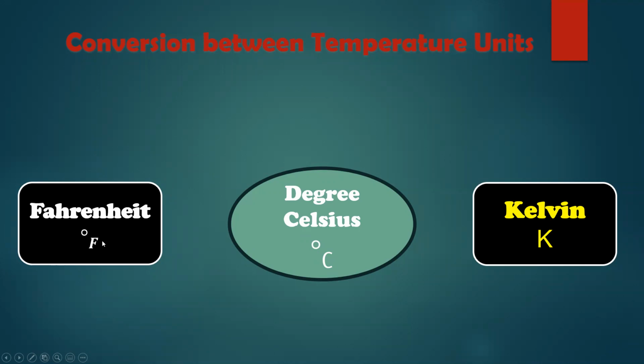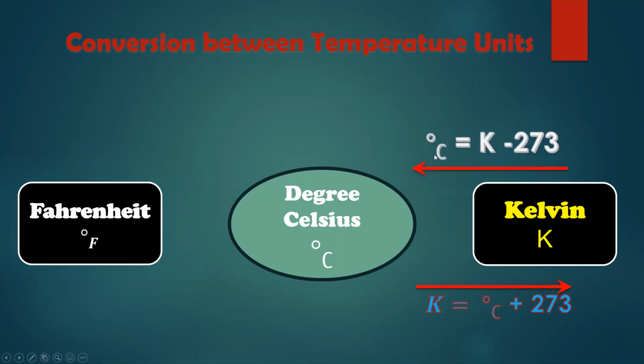And to convert between the 3 units, let's follow these instructions. The simplest thing is to convert from degree Celsius to Kelvin. The Kelvin equals the temperature in Celsius plus 273. And to reverse the calculation from Kelvin to degree Celsius, the equation is C equals K minus 273.